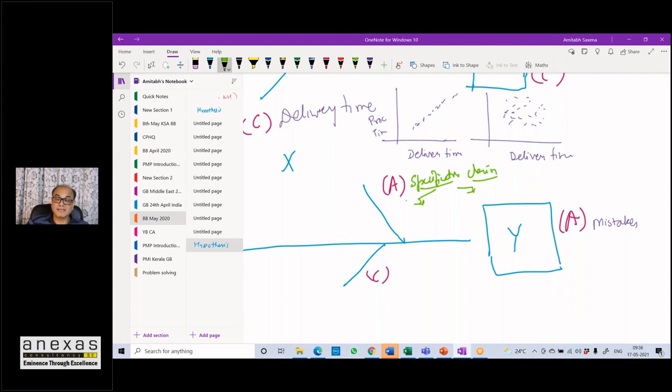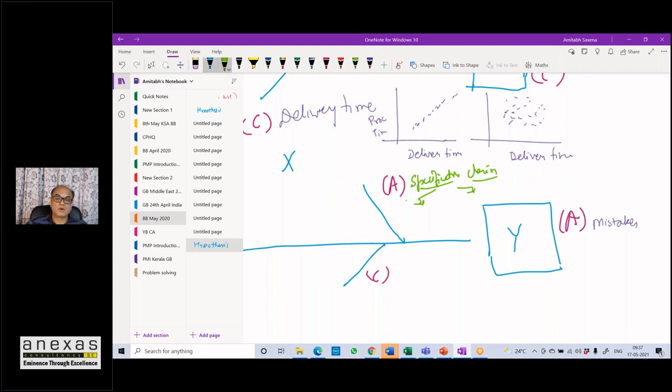Now here I can create a table. If you remember, we created a table in Pareto analysis. So here I can create a table. Now here we will create a frequency table, and this frequency table will be a little different, and this will help us to do other tests like the chi-square test. So when I'm dealing with attribute and attribute data, I will create a table, and this table would look something like this.